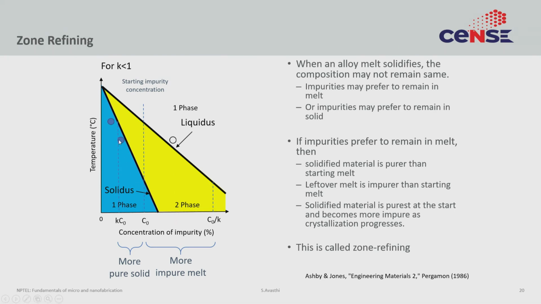So what has happened is the average remains the same, but when you solidify from a melt, the impurity concentration in the solid is lower than the impurity concentration in the liquid. So in some sense, the impurity wants to remain in the melt more than it wants to remain in the solid, and that tendency of the impurity is what allows us to form a purer solid.